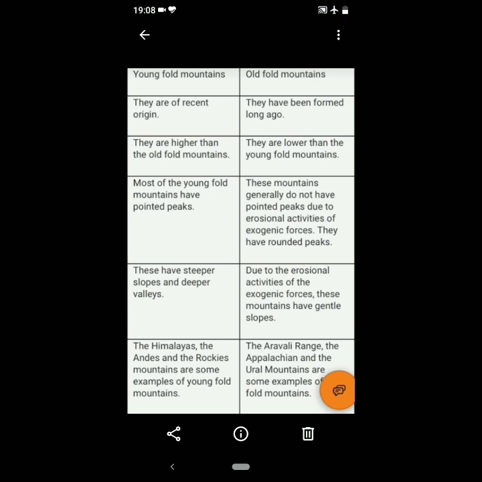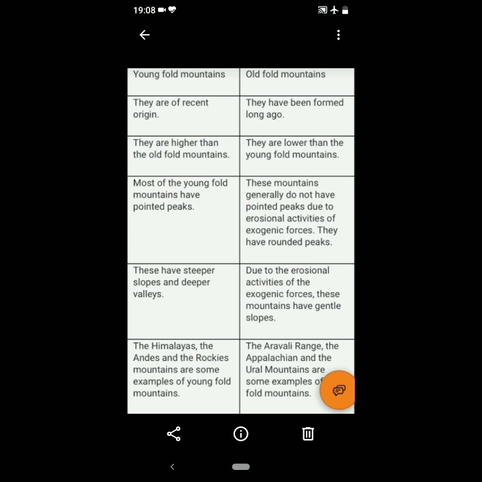Second point, Youngfold Mountains are higher than the Oldfold Mountains, while the Oldfold Mountains are lower than the Youngfold Mountains. Next point, most of the Youngfold Mountains have pointed peaks due to glaciation, while the Oldfold Mountains have rounded peaks or uneven terrain due to rapid wind action and riverine erosion since the geological periods of the earth.